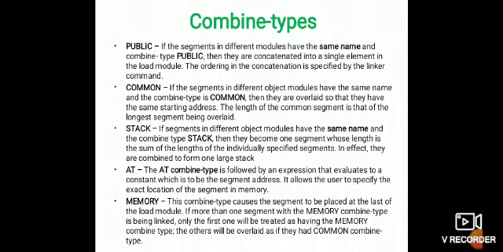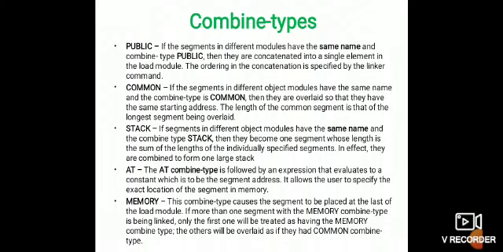And these are the combine types. We have five combine types: public, common, stack, at and memory. Public: if the segments in different modules have the same name and the combine type is public, they are concatenated into a single element in the load module, and the ordering of concatenation is specified by the linker command.